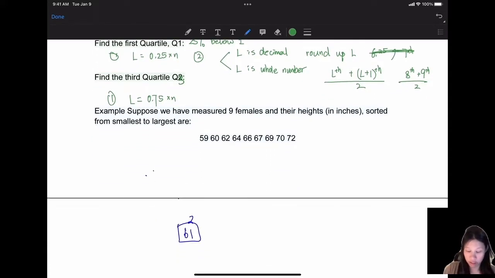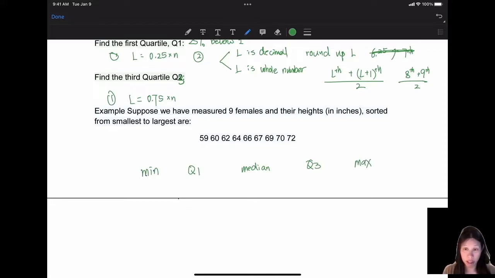So here is an example. Now let's try it. This data is already ordered from the lowest to the highest. So now we need to find our minimum, first quartile, median, third quartile, and the maximum. The minimum, maximum, and median are easy. The minimum is 59, the maximum is 72.